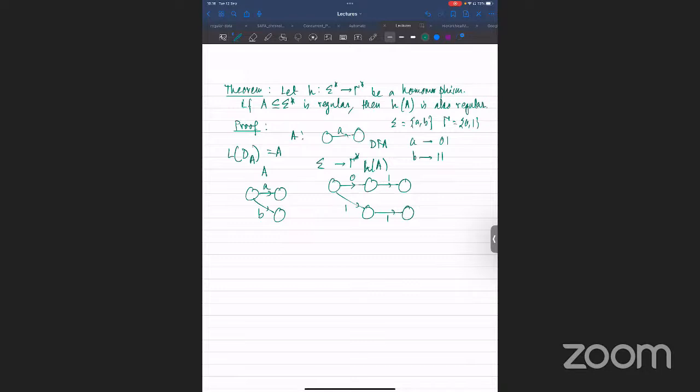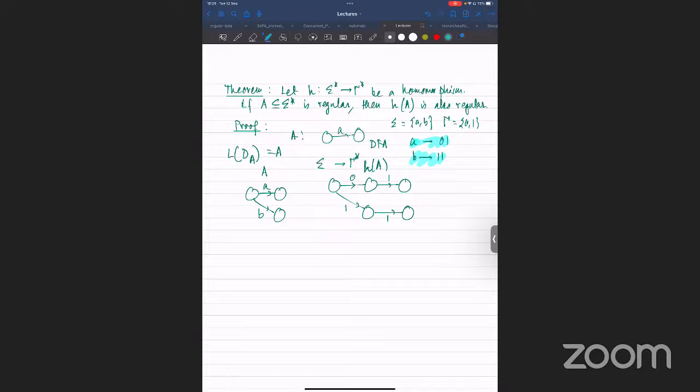No, the homomorphism, I said it's defined like this. A maps to 0, 1, and B maps to 1, 1.